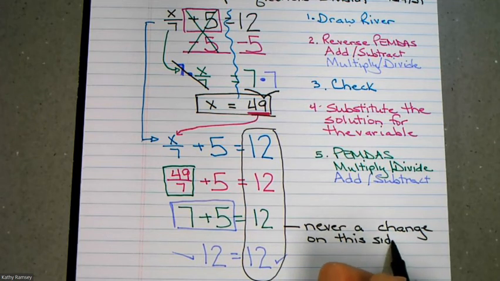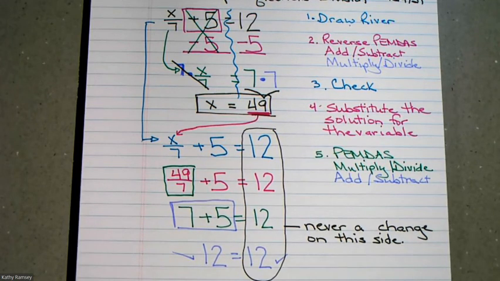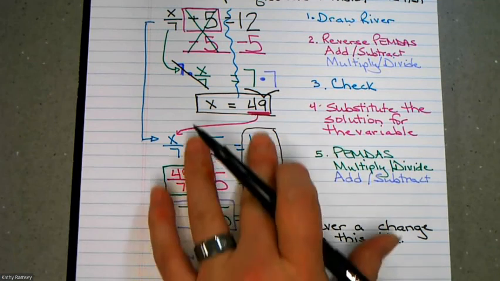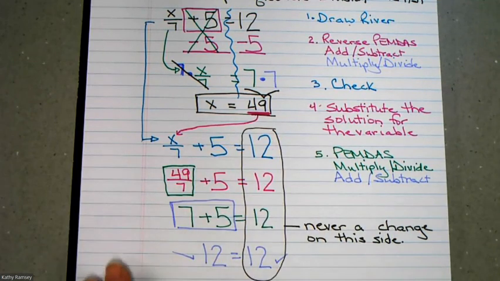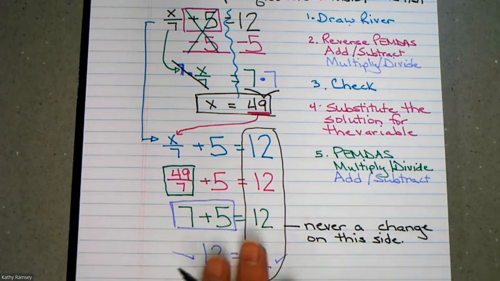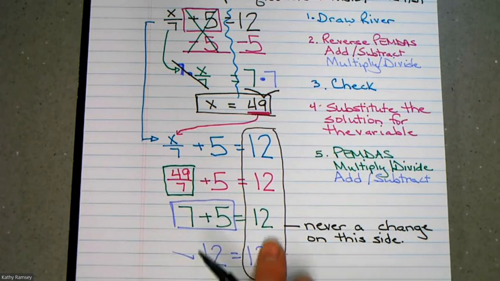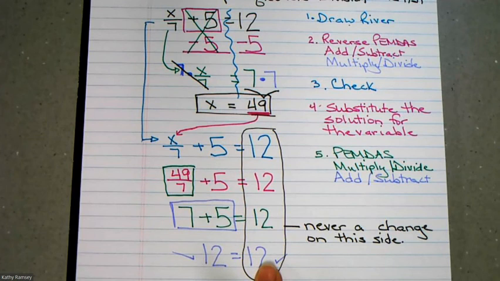Now, that feels like a rule that we will change because at some point the constant may be on a different side. But for these equations, when we have a single constant on the right side, that number is not going to change in our check. Okay?